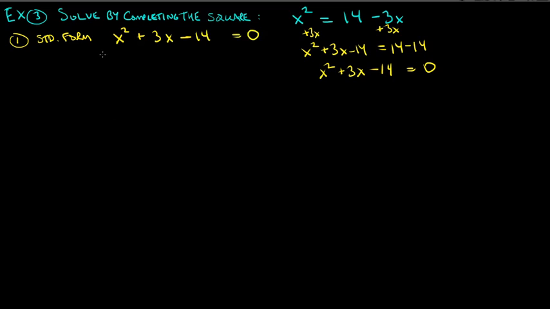Okay, so A is 1, B is 3, and C is negative 14. And because A is 1, step 2 is to divide both sides by 1. And remember, when you divide by 1, you don't get anything different.